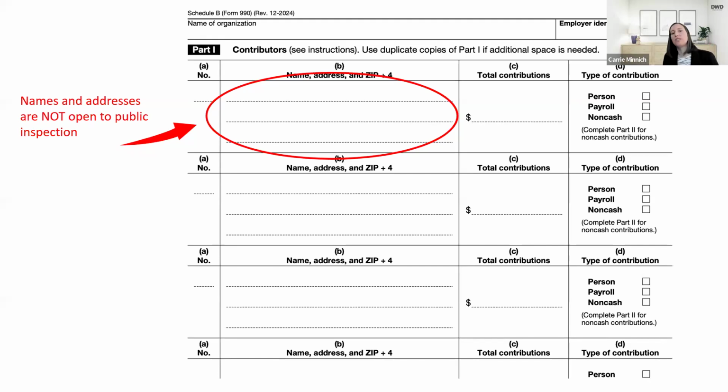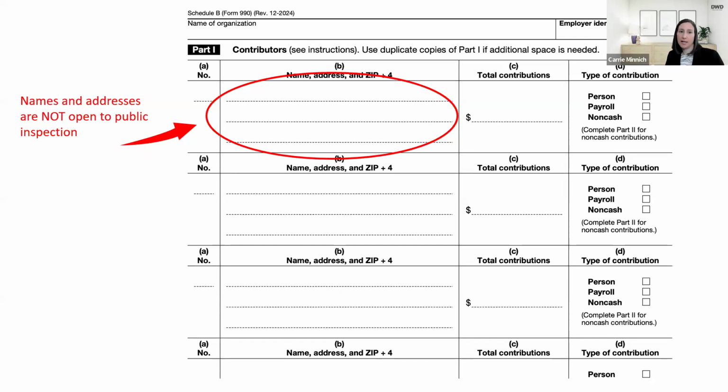However, the IRS really thinks that you ought to know where that's coming from. Again, this Schedule B is the one schedule that is not open to public inspection. So the dollar amounts in column C are, but the names and addresses should be redacted, taken off the Schedule B when you give a copy of your Form 990 to anyone outside of your organization requesting a copy.